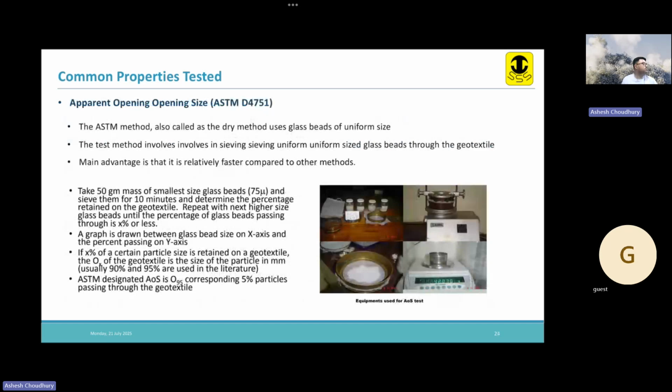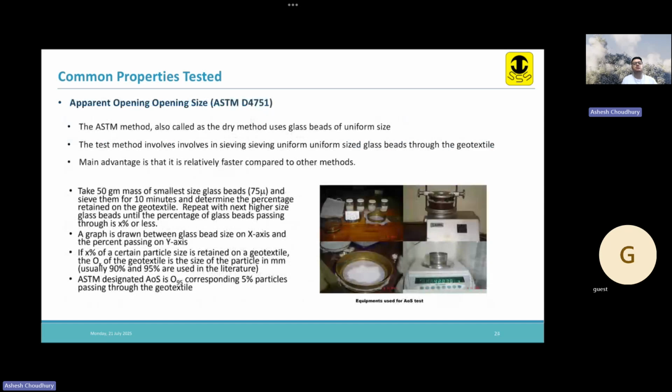You have to plot the size against the percentage passing. So if X% of a certain particle size is retained on a geotextile, the OX of the geotextile is the size of the particle in mm. Usually 90% and 95% are used in the literature. The ASTM designated apparent opening size is O95.